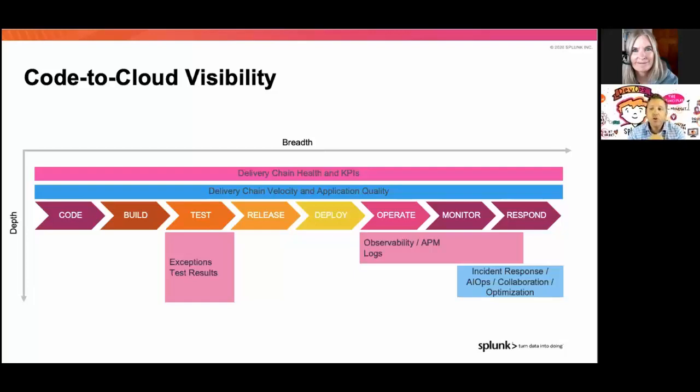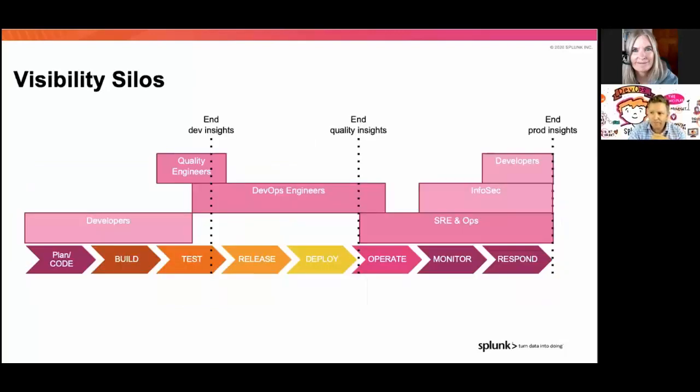And true code to cloud visibility. So understanding what happens from the point that a feature is defined to what happens when that feature is running in production has to include both of these, and not just the coverage, if you think of it from a visibility coverage, but the relationship between all of these elements.